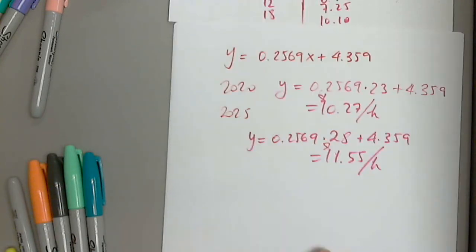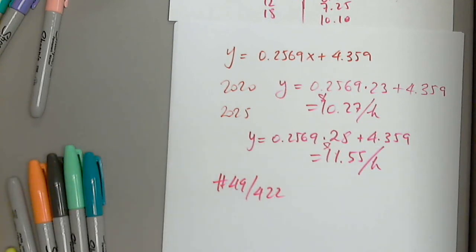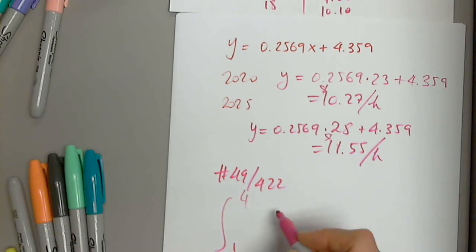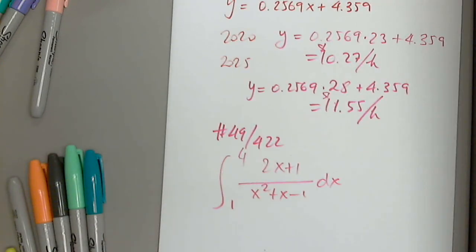49 on 422. And that is the integral from 1 to 4, 2x plus 1 over x squared plus x minus 1 dx. Whenever we determine a definite integral, the function must be defined on that interval. So if x squared plus x minus 1 is 0 on the interval 1 comma 4, we cannot calculate in this way.